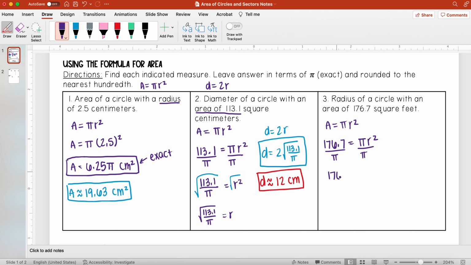And I get 176.7 over pi is equal to r squared. And I'm going to take the square root of both sides. And so I get for my exact answer that r is equal to the square root of 176.7 over pi.